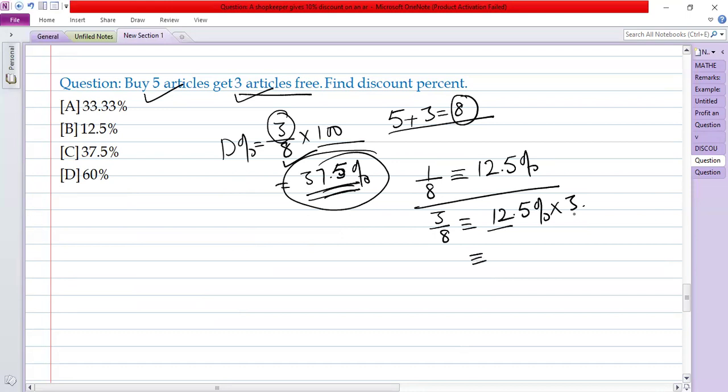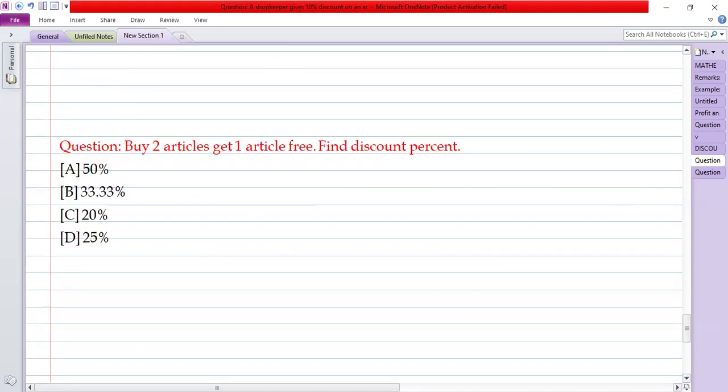So this 12 into 3 gives us 36. And 0.5 into 3 gives us 1.5, and that will be nothing but 37.5%. So this option will be correct. So here, the discount percentage will be nothing but 1 by 3 into 100. That will be 33.33%.